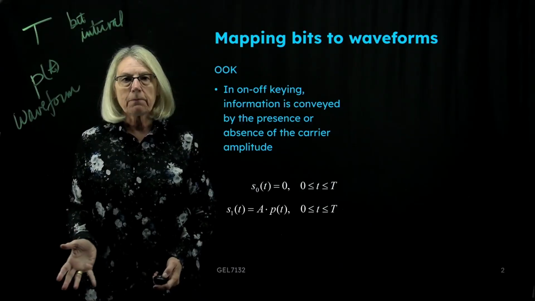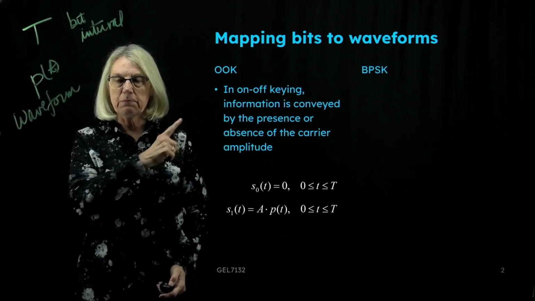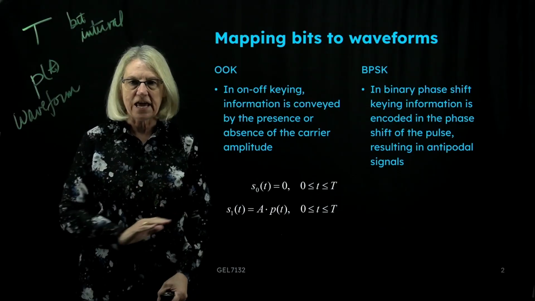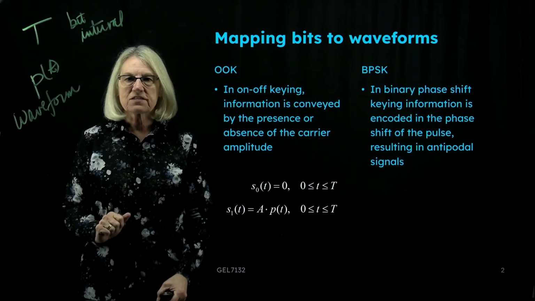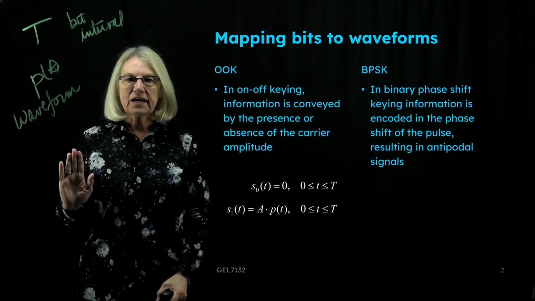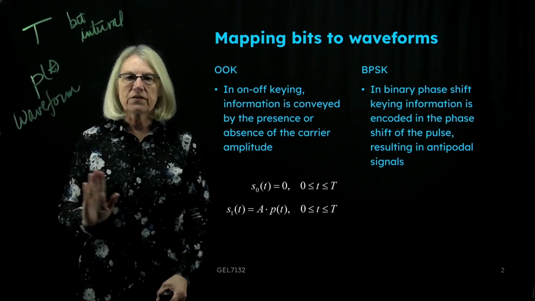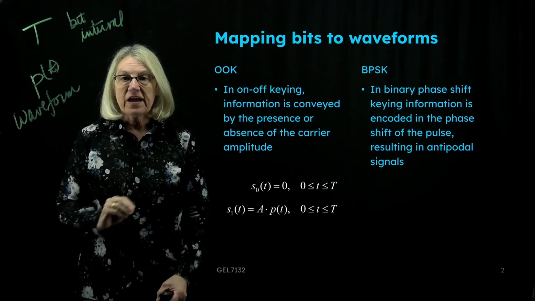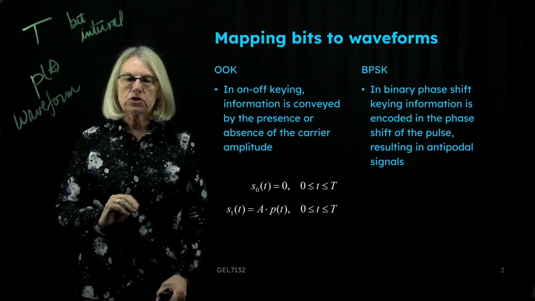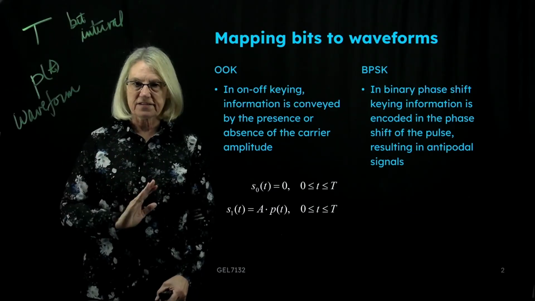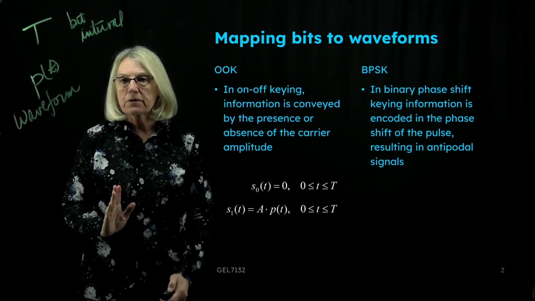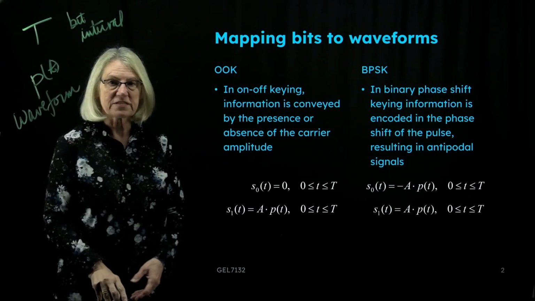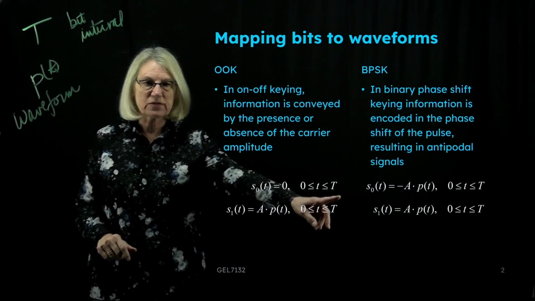Now another simple binary modulation is known as BPSK, and this acronym stands for binary phase shift keying. Now this strategy is a little different. We're treating the logical 0 and the logical 1 by modulating the phase of the signal. And in fact, we're choosing exactly opposite phases, and we call this antipodal signaling. So in this case, the mathematical representation for BPSK is given as we see here.